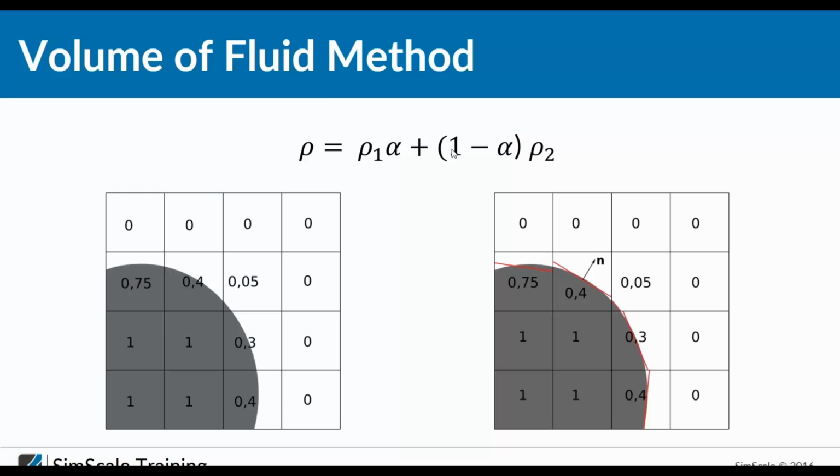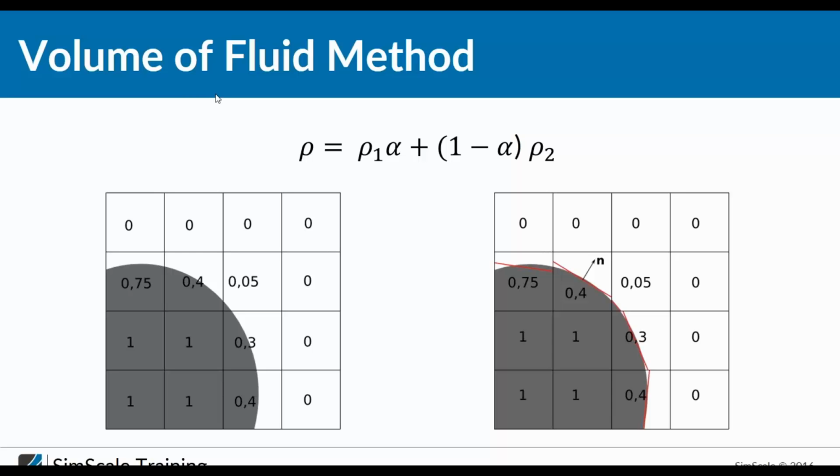If alpha is 0, we only have phase 0. The volume of fluid method takes the standard equations we use for single phase simulations, so the conservation of mass, momentum and energy, and adds one additional equation, this one, introducing alpha as an additional variable, and we solve it.